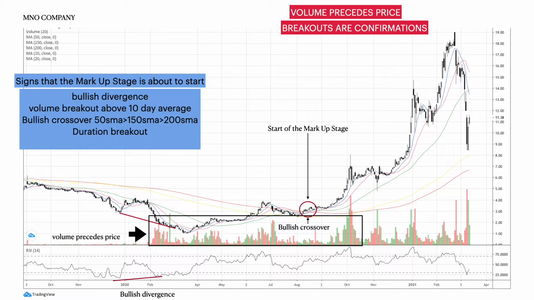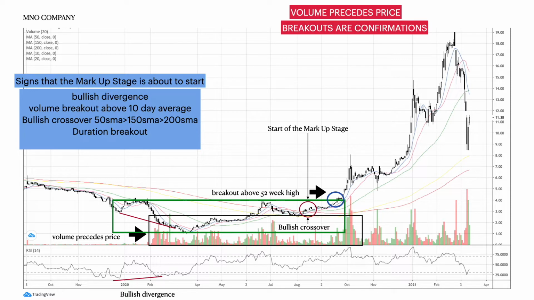When price breaks above duration highs on higher than average volume, this means that the demand remains high even as price increases. If all these conditions are met, then the probability of a successful breakout is higher.